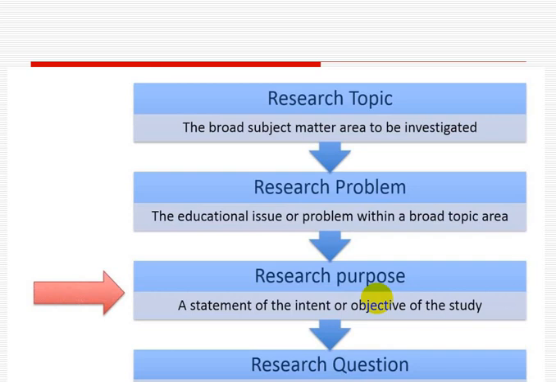The keyword is effective technique. So you can ask a descriptive research question.